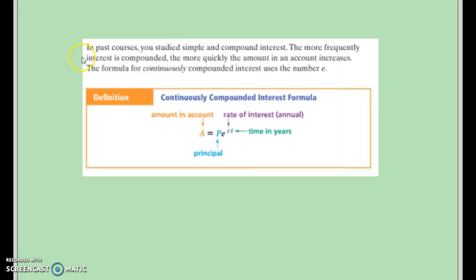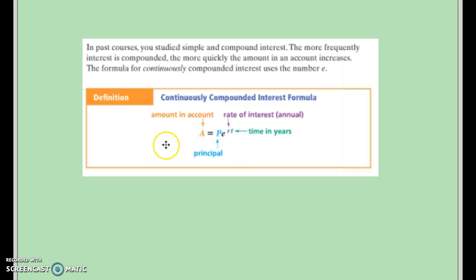So that's a good deal. The more frequently interest is compounded, the more quickly the amount increases. There's a different formula if it compounds a certain number of times a year or a day, but here we're looking at continuously compounding, which means it's always compounding.